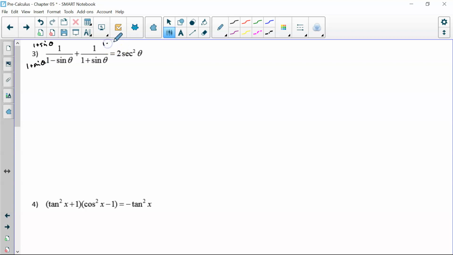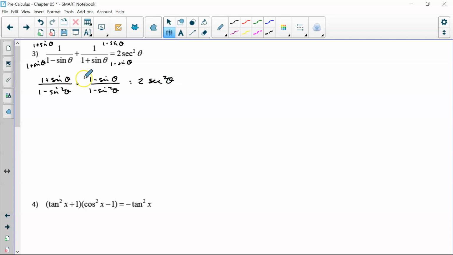Multiply the second by 1 minus sine theta over 1 minus sine theta. So we get 1 plus sine theta over, and when I multiply those conjugates, I'm going to get 1 minus sine squared theta plus 1 minus sine theta over 1 minus sine squared theta equals 2 times the secant squared of theta.